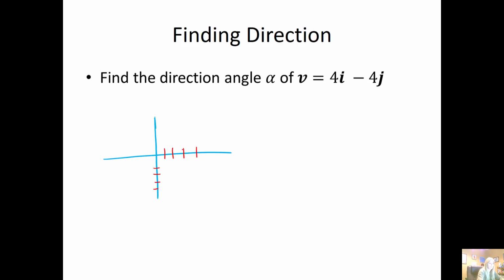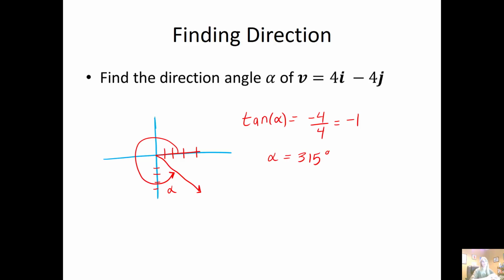So in other words, I've gone all the way around to here, and I want to find that angle. Remembering our trig functions, I have an x direction and a y direction, and remember the tangent? The tangent would be my y over my x, which would be negative 1. And looking at the unit circle, that would be at 315 degrees.